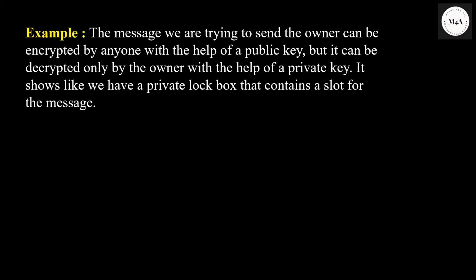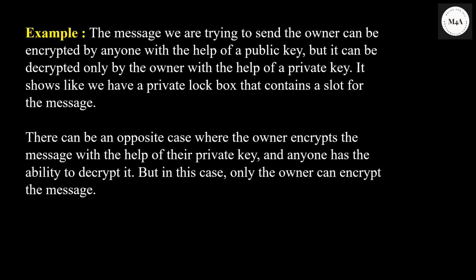It is like a private lock box that contains a slot for the message. There can be an opposite case where the owner encrypts the message with their private key and anyone has the ability to decrypt it. But in this case, only the owner can encrypt the message. In the reverse case, only they have the option to encrypt the message with the private key, but decryption must be done with the public key.